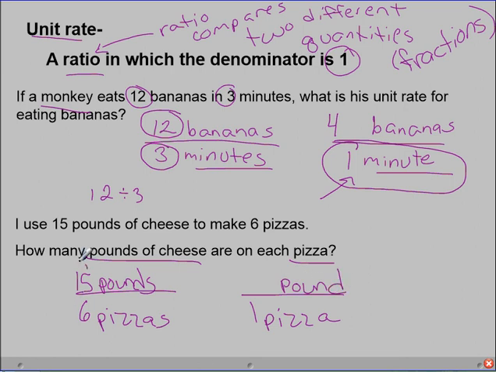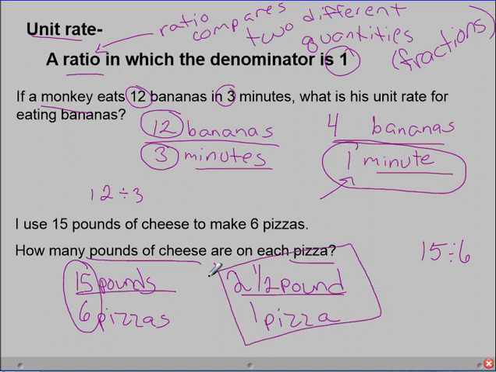And to do that, I'm just going to divide. So 15 divided by 6, and you could either do long division, or you could do that in your calculator, if I'm nice enough to give you one, that is. And if you do that, you would end up with 2.5 pounds of cheese on 1 single pizza. And that is your unit rate.